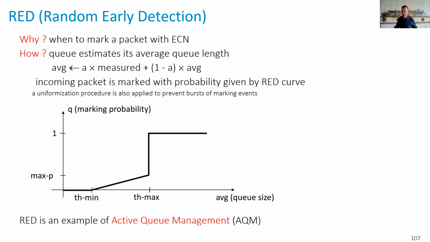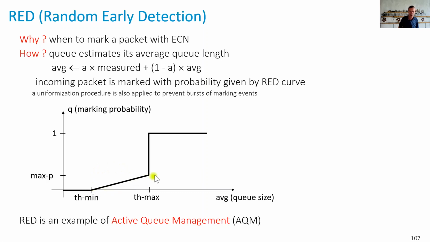The idea is that we have a buffer which is large, but we don't want this buffer to be used entirely. So we put a threshold, a maximum threshold. We will still use it if things go wrong, but the target is to not use it. And then when the buffer size is becoming close to the threshold, then we drop packets with a certain probability.